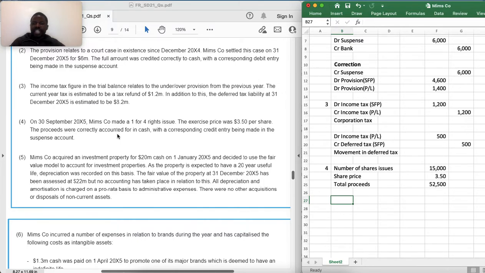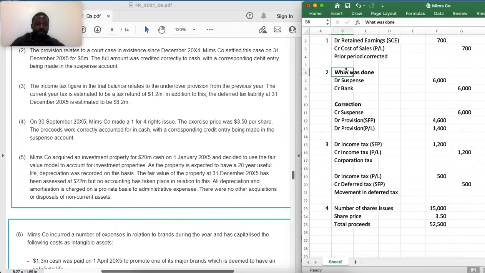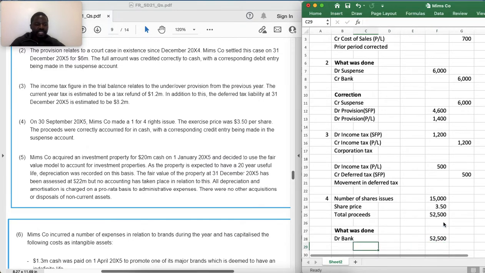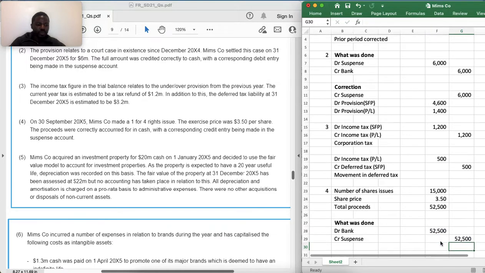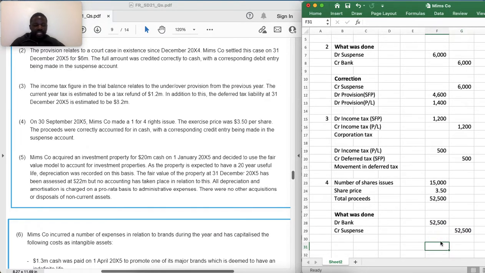The proceeds were correctly accounted for in cash, with a corresponding entry being made in the suspense account. So what was done here? It means there was a debit as the company received money. There was a debit of this amount, 52,500, and also this amount was credited to the suspense account as 52,500. We'll come back to the suspense account once we are done.